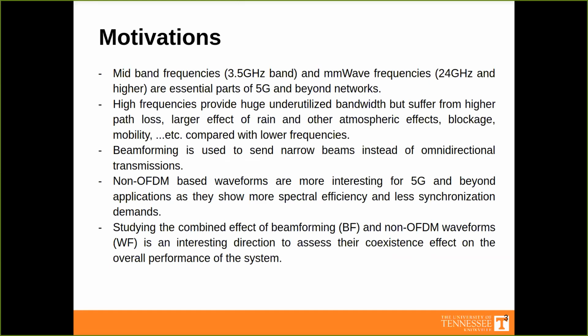These high frequencies provide a huge amount of underutilized bandwidth, but they have some drawbacks or limitations because they suffer from higher path loss and higher effects from rain, atmospheric absorption, blockage, mobility, and all the other effects. This means that we need beamforming to send narrow beams instead of omnidirectional transmission in all directions, to make these frequencies go further distances.